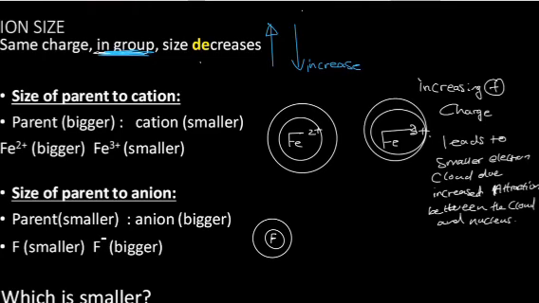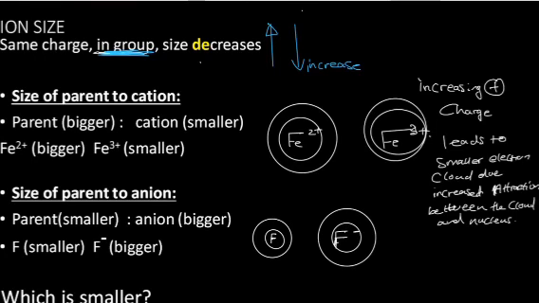So fluorine minus is going to have a bigger radius. So when it comes to the negative ions, the parent is going to be smaller, whereas the ion is going to be bigger, and that's because you are increasing electrons.